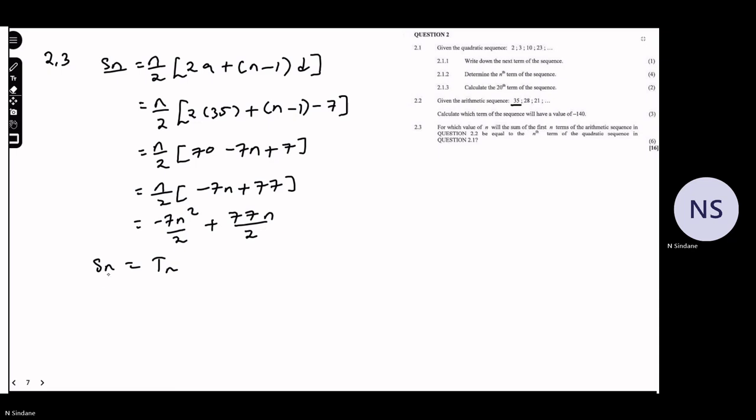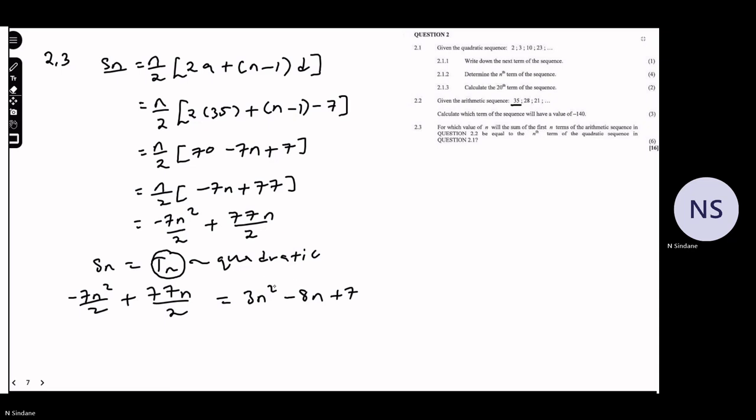So Sn is negative 7n squared over 2 plus 77n over 2. But this Tn is for the quadratic, not for the arithmetic, which we got as 3n squared minus 8n plus 7. This was the general term for our quadratic sequence.